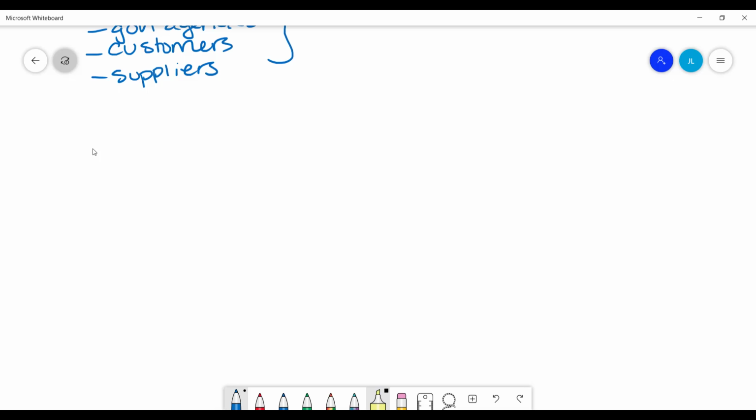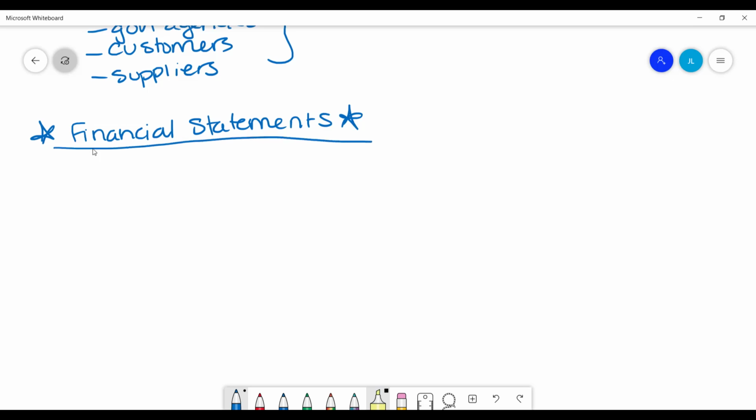So what we're going to be focusing on in this class, what we're spending a lot of our time on, are financial statements. Okay, we're going to actually be learning how to set up these financial statements. It's part of our accounting cycle that we'll be learning about later on. But there are three primary financial statements that we're going to be learning about.